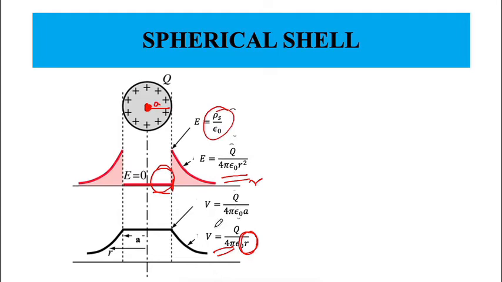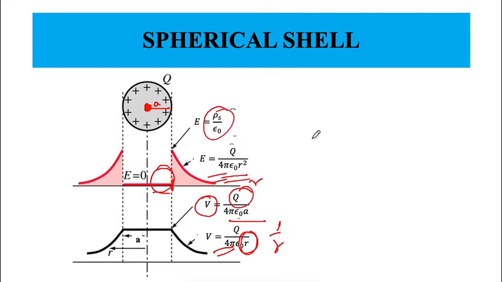You can obtain the potential by integrating the electric field from one point to another, taking the point of origin as infinity. Considering all potential with respect to infinity as the absolute potential at a point, V of r will be equal to the total charge enclosed divided by 4 pi epsilon naught r. So the potential is going as 1 by r.